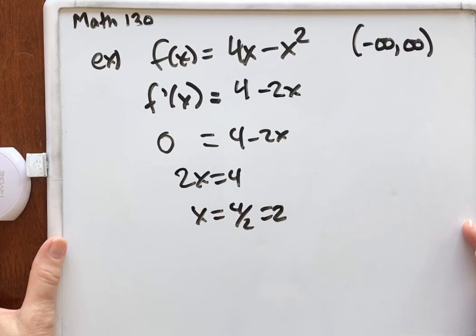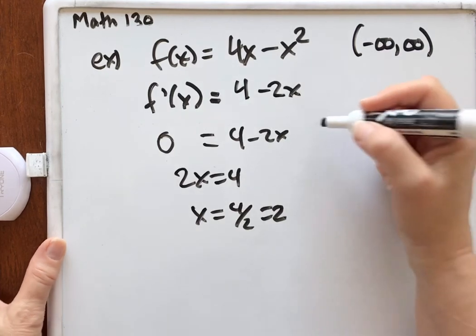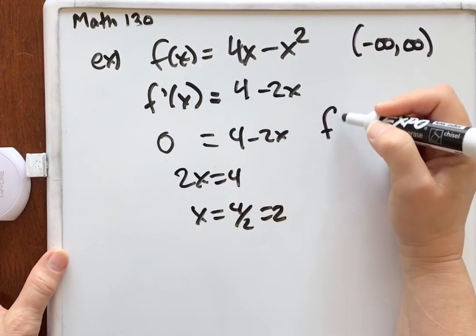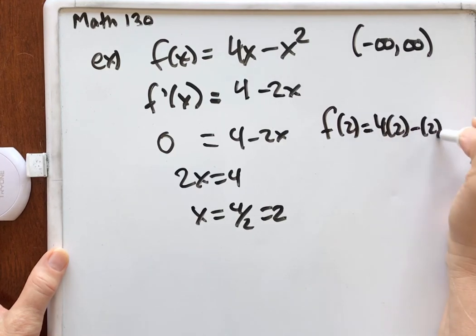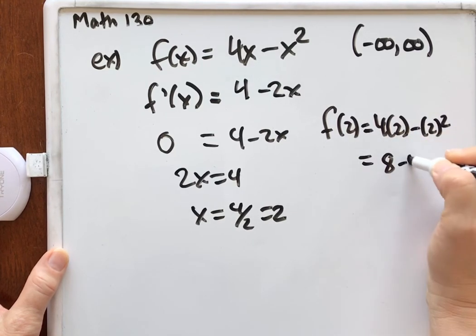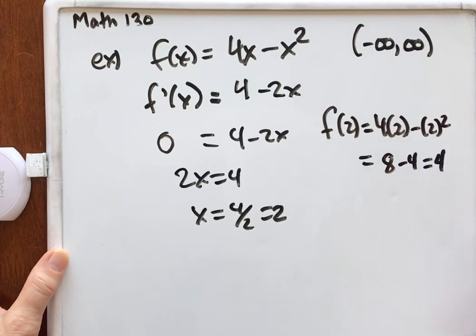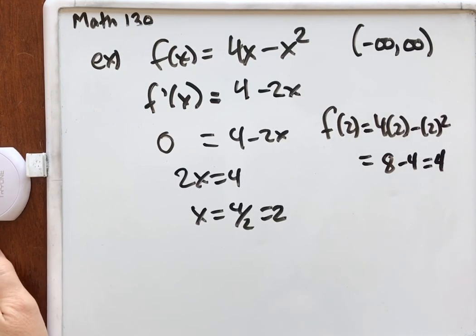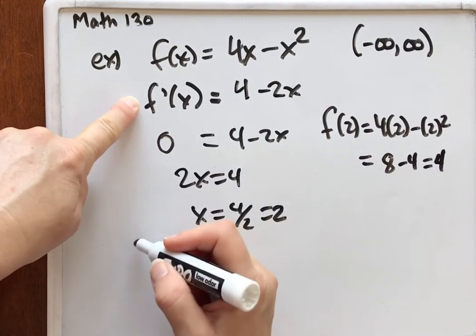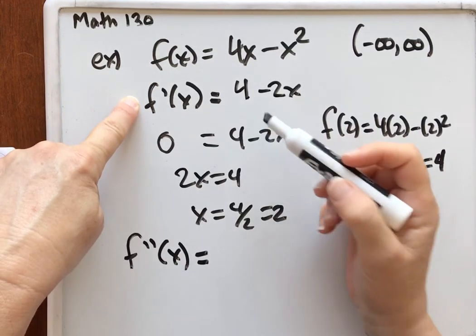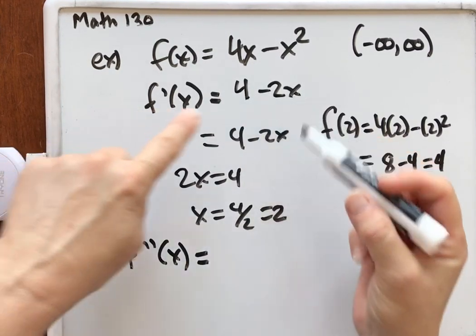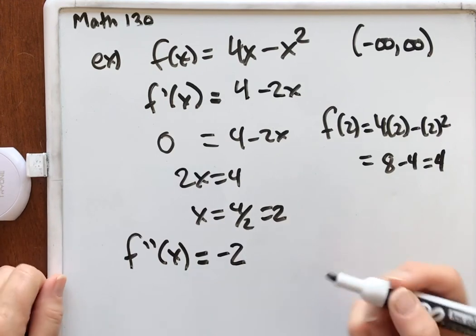All right, so now what do we do? We're going to put the 2 in there. f of 2 is 4 times 2 minus 2 squared, which is 8 minus 4, which equals 4. So what do we find? Well, we don't know yet because we haven't taken the second derivative. Taking the second derivative, we get minus 2.